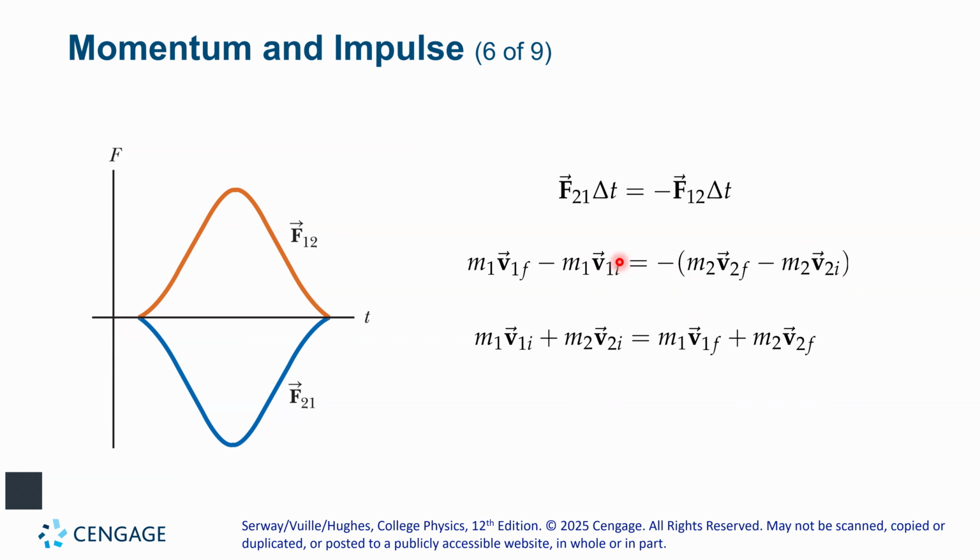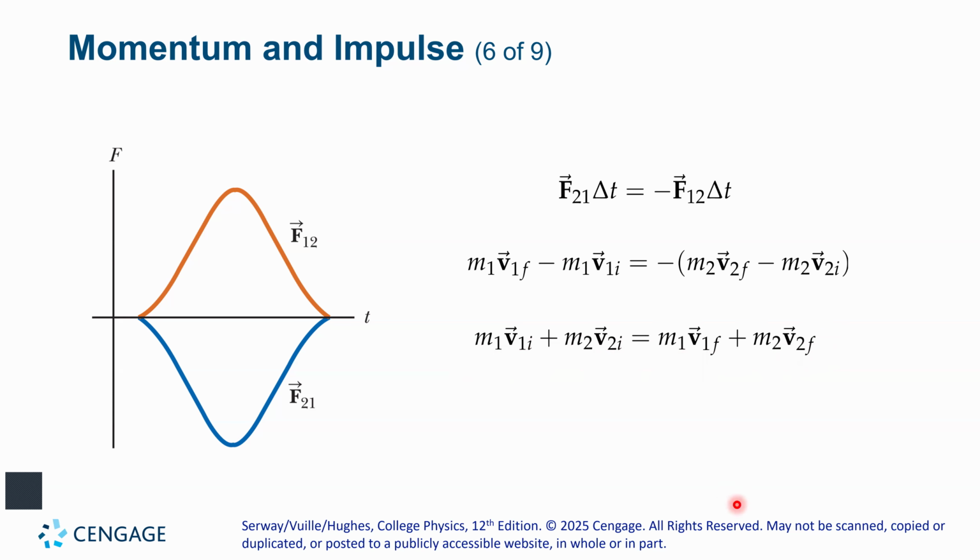We're going to put initial momentum on one side and final momentum on the other side, and we will see that m1v1 initial plus m2v2 initial, which is the total initial momentum of the system, equals m1v1 final plus m2v2 final, which is the total final momentum of the system.